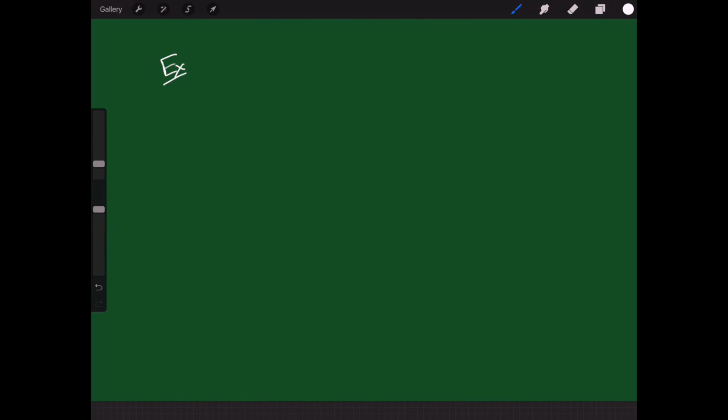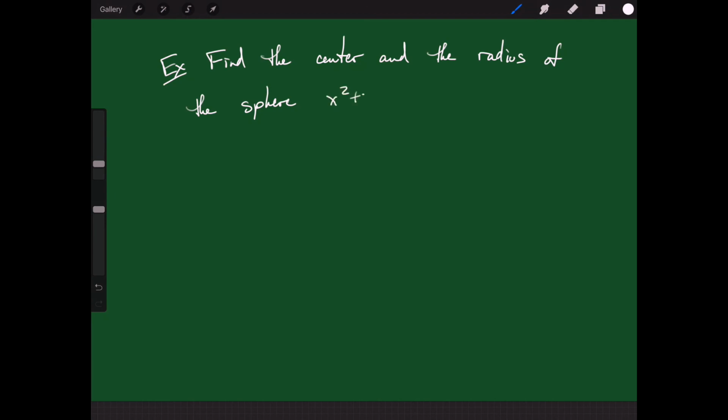Find the center and the radius of the sphere x squared plus y squared plus z squared plus 4x minus 4z is equal to 0.